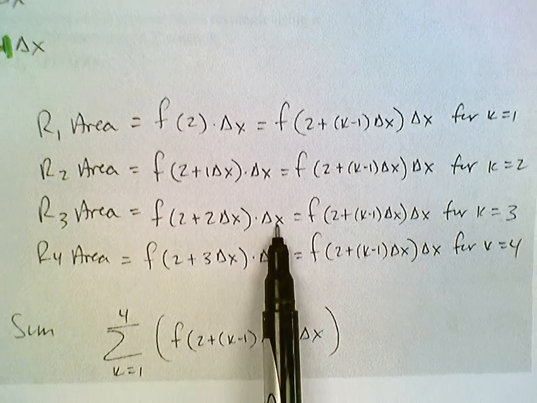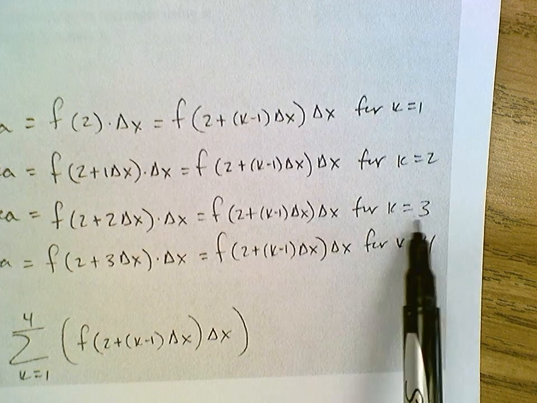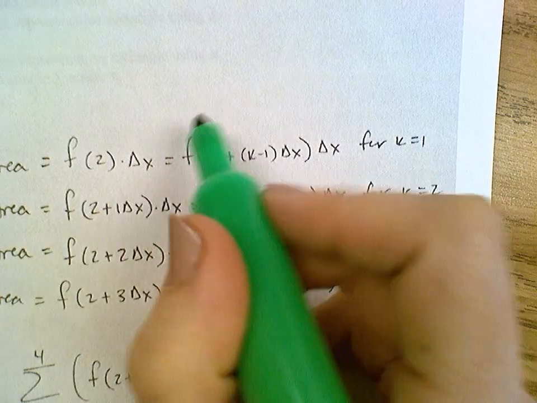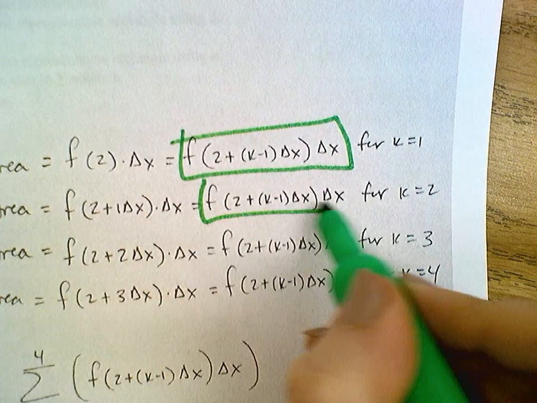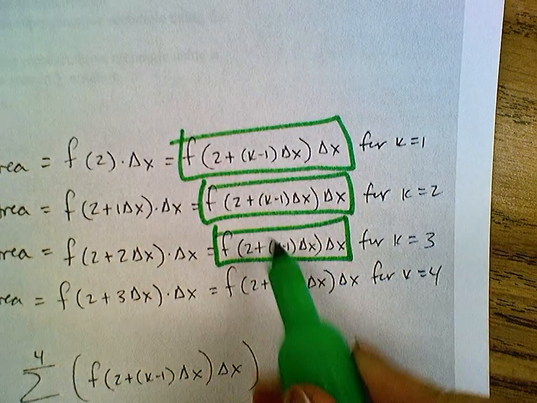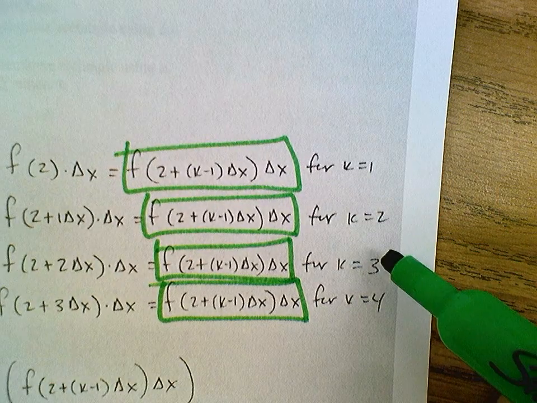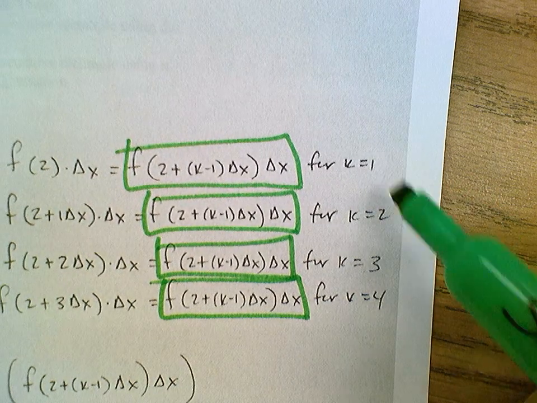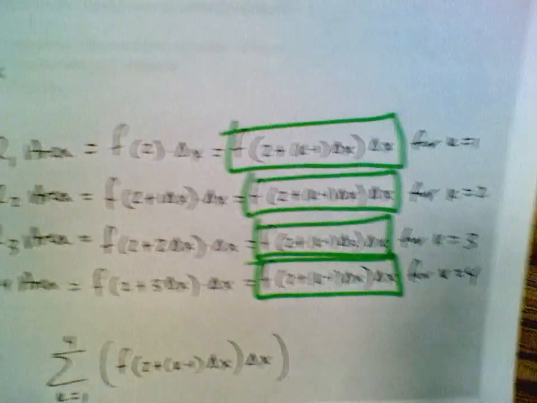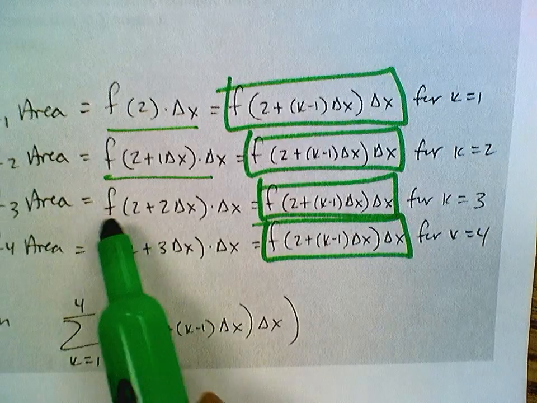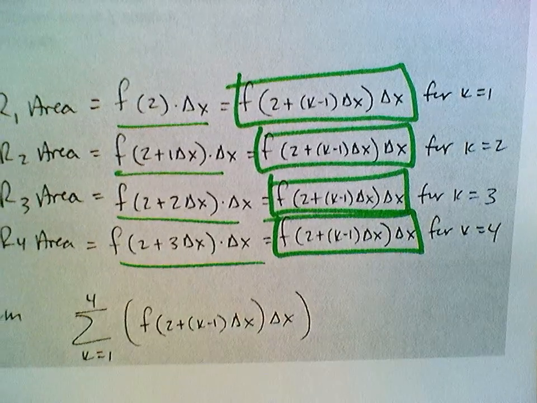The third one, same expression, all right? So you've got all of these identical expressions, but they're different values when you plug in a different k value. If you plug in k equals 1, you get that. K equals 2, you get that. K equals 3, you get that. K equals 4, you get that.